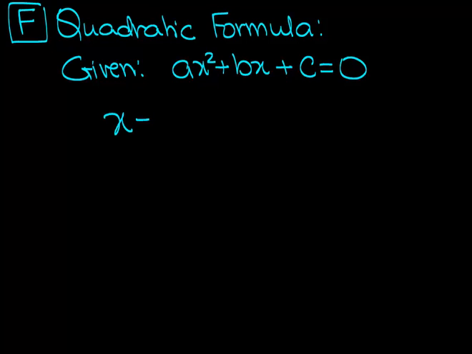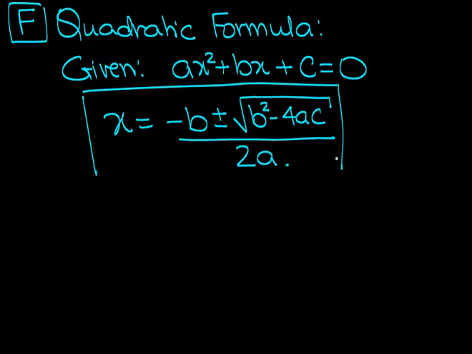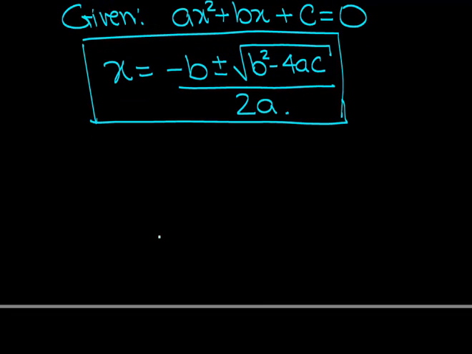My solution is x, what I'm solving for, is minus b plus or minus square root of b squared minus 4ac, over 2a. There's your quadratic formula. It always works. It's something you should always know, just in case none of the other methods work. Completing the squares also always works, but this was easier. Now just so you know, this quadratic formula was derived from completing the squares. That's why completing the squares is so important.